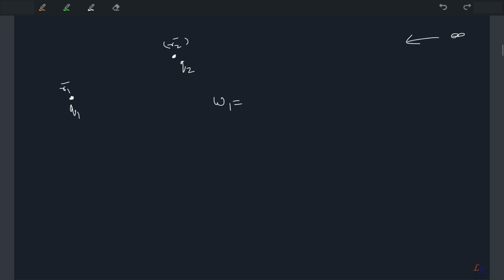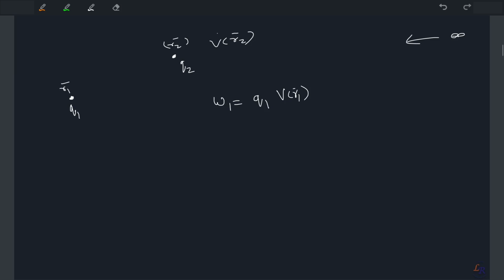Let's say that is W1, and that would be Q1 times V at R1. Then you bring the second charge. When you bring the second charge, there is already a potential existing at R2, that is V at R2, due to the external field.